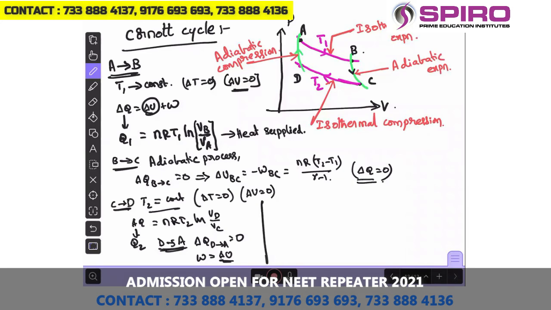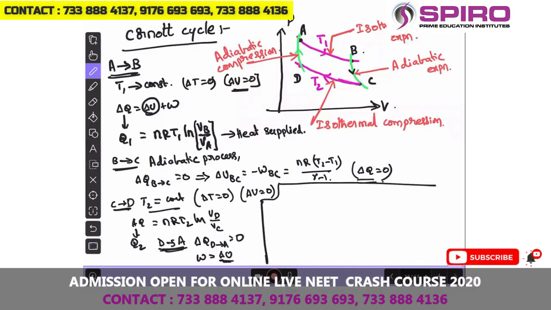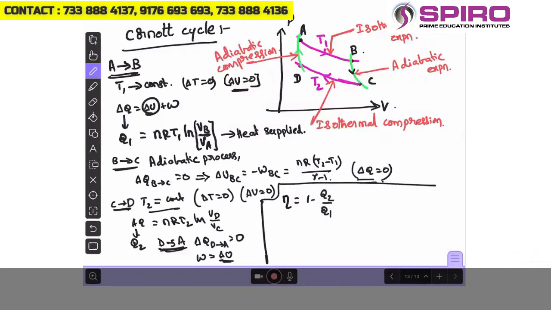And now you can get, according to the formula of efficiency, by definition, the efficiency of the heat engine is given by 1 minus Q2 by Q1. So what is the expression for Q2 now?